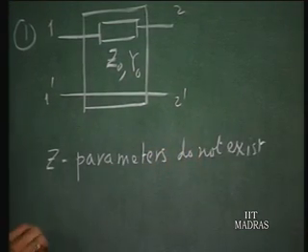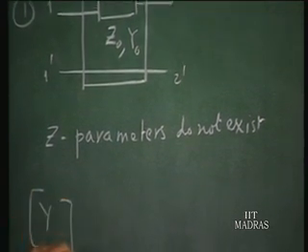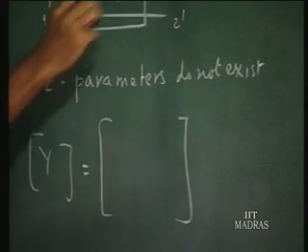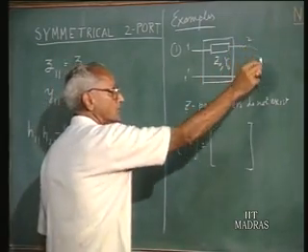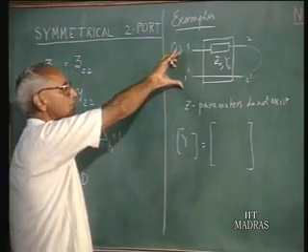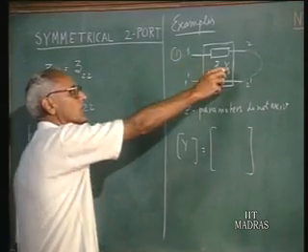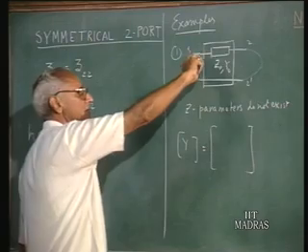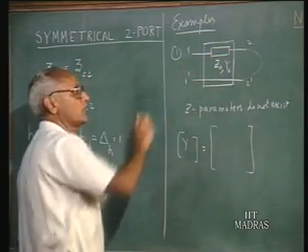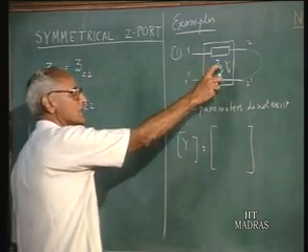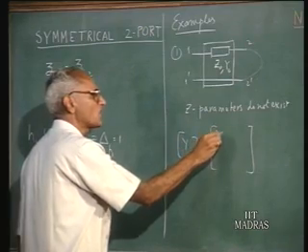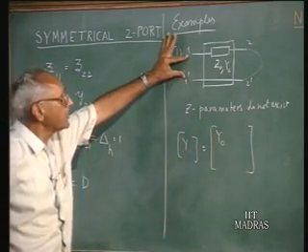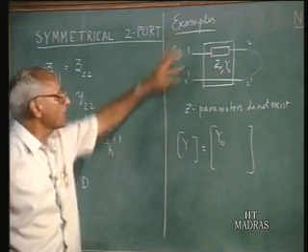What about the Y parameters, the Y matrix? Now if you short circuit port 2 and try to measure the input admittance here, that is equal to Y0, because the total impedance seen is that of this one-port network only. Therefore the impedance is Z0, the admittance is Y0. Therefore Y11 is equal to Y0. So if you apply voltage V1 here, the current that flows is Y0 times V1.